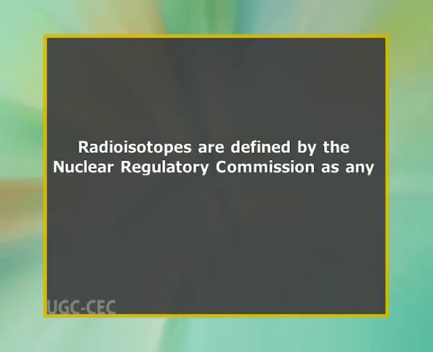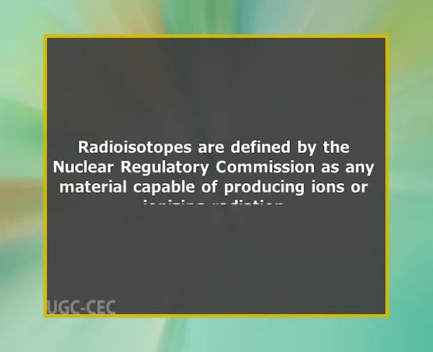The process of shedding the excess radioactive energy is called decay. The radioactive decay process of each type of radioisotope is unique and is measured with the time period called a half-life. Radioisotopes are defined by the Nuclear Regulatory Commission as a new material capable of producing ions or ionizing radiation.